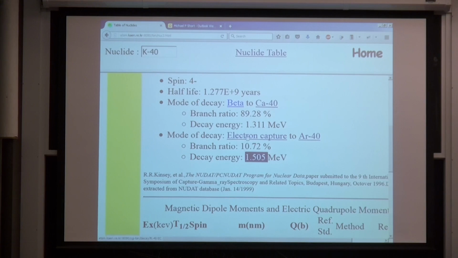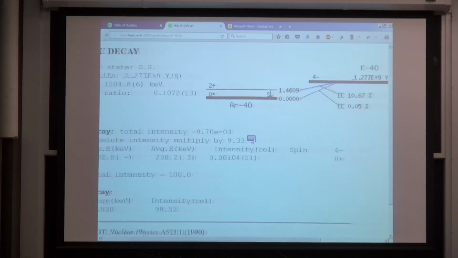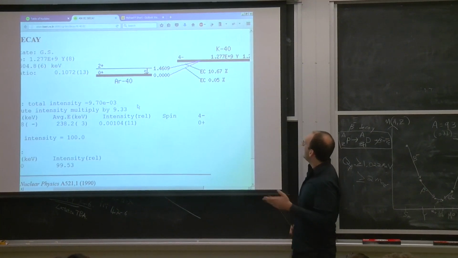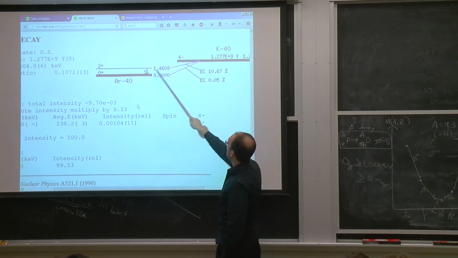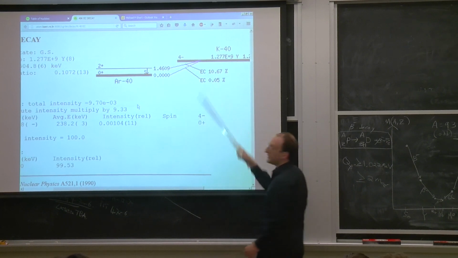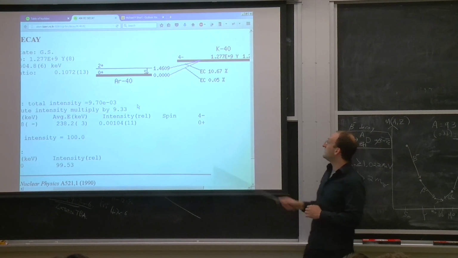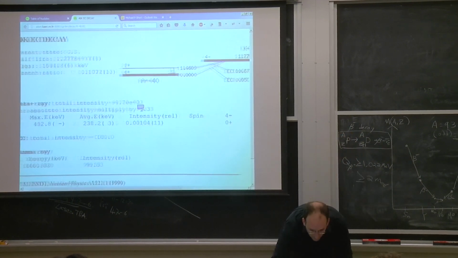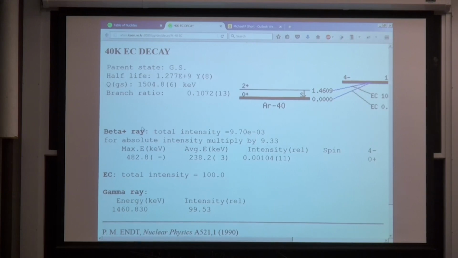So in fact, we can take a look at this. This is, I would say, also going to be on the exceedingly unlikely level, and we can take a look. So if we look at the decay diagram, we know it makes positrons, they're not even really listed. Interesting. So that process would not be allowed, but this one, because that's about 1.5 MeV, should be allowed, but since that branch ratio, or the probability of that happening, is already so low, I wonder if it even says, yep, beta ray with a max or average energy of 482.8 MeV.